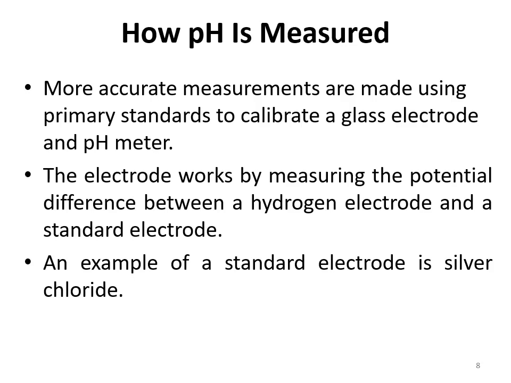The voltage between a standard electrode and the sample will be proportional to the solution's pH. So the voltage produced between the electrodes is proportional to the pH of the solution.